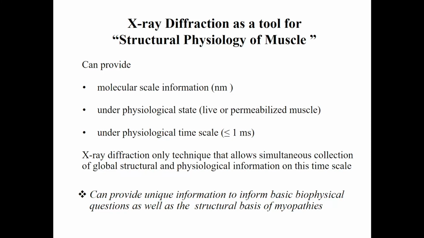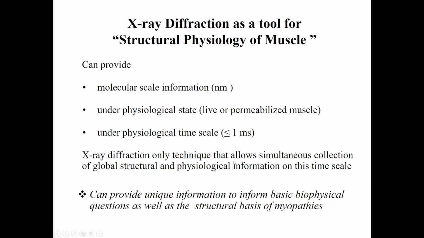You can get data from permeabilized muscle or even from live muscles. For insects, you can put the entire insect in the beamline, and you get the diffraction pattern while the bug is flying or something like that. And also, you can do time-resolved experiments where you get the structural information under physiologically relevant time scales, down to sub-millisecond.